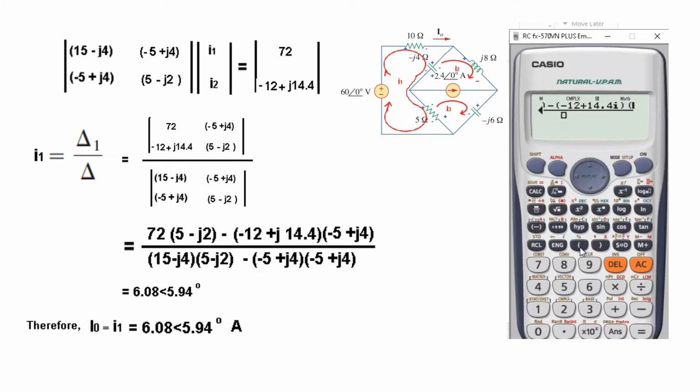Another bracket starts, minus 5 plus j4, that is 4i, bracket closed. So we have done with the numerator.